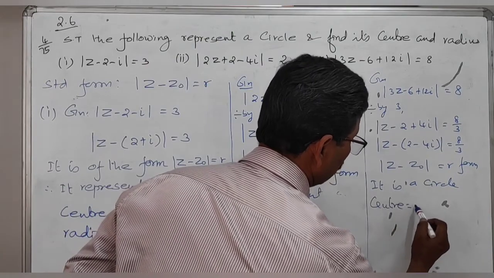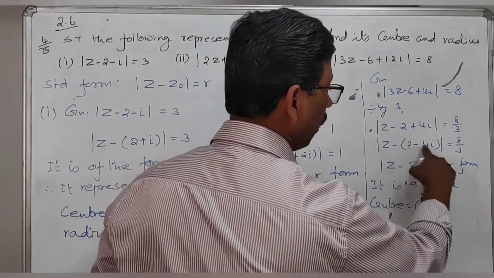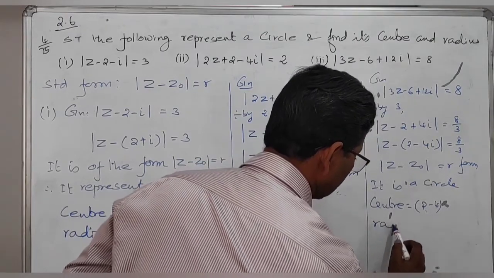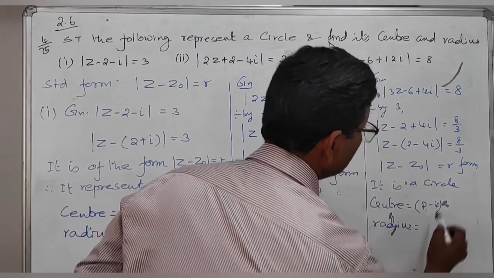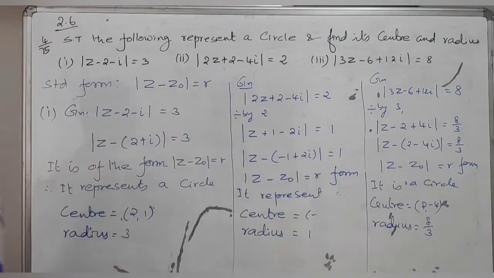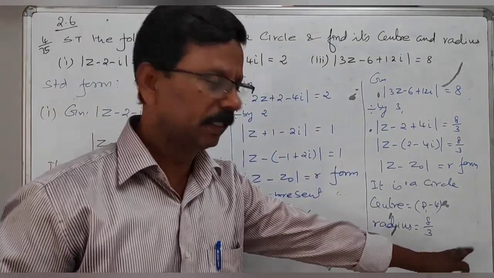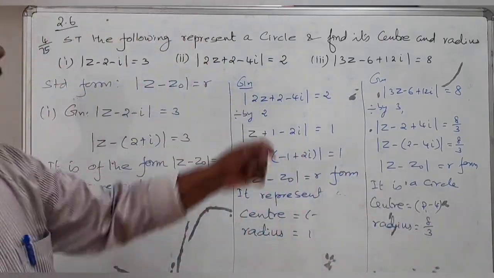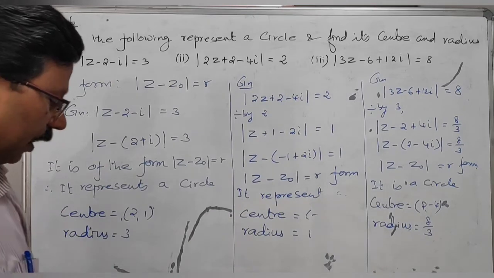The center is 2, minus 4, and the radius is equal to 8 by 3 units. 8 by 3 you can write, or you can write 2.6 also. It is better to write as a fraction, 8 by 3. Okay, that's all. Likewise, we can complete these three problems.